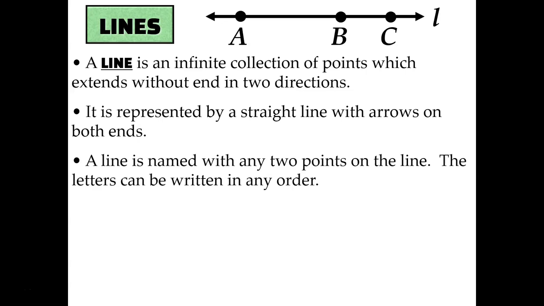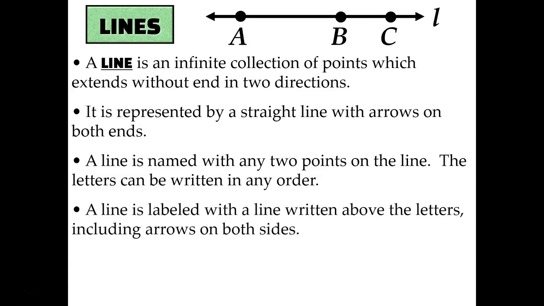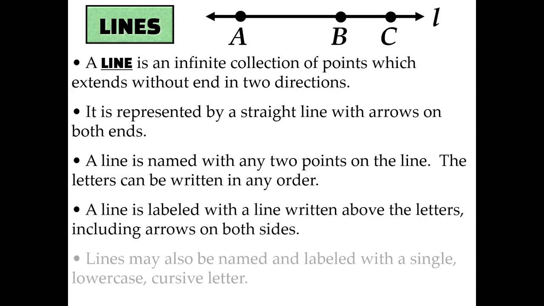The first option is to use any 2 points on the line, written in any order, with a line drawn on top. The second option is to use a lowercase cursive letter to name the line instead. You can tell the difference between points on the line and just a generic name for the line like L, because points are capital letters, and if it's a point, then it's going to have a small circle next to that letter.